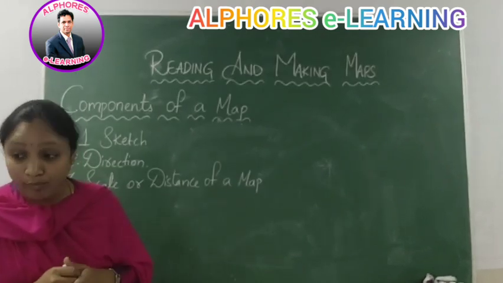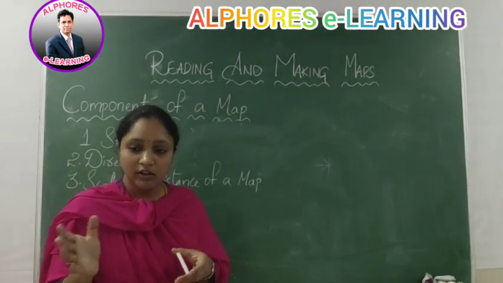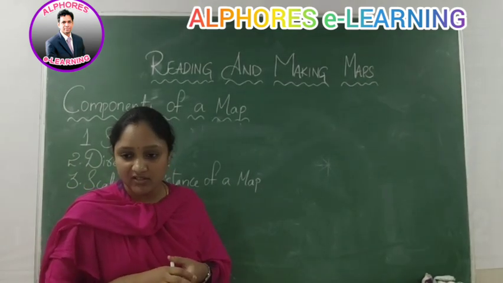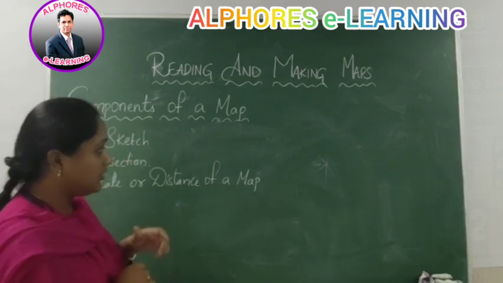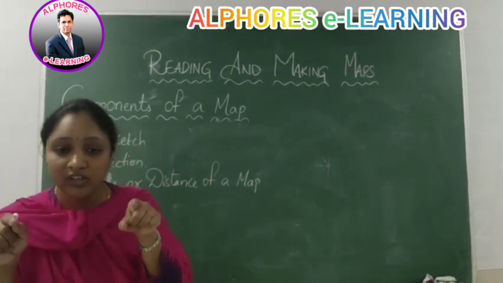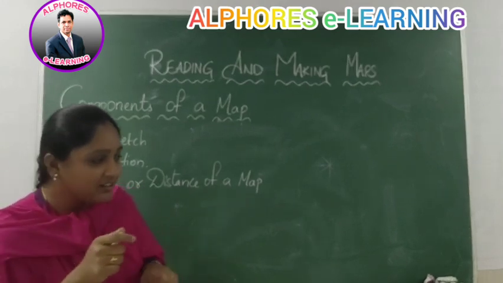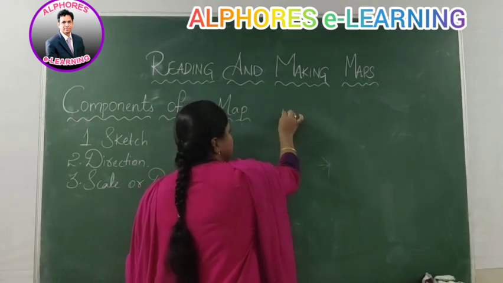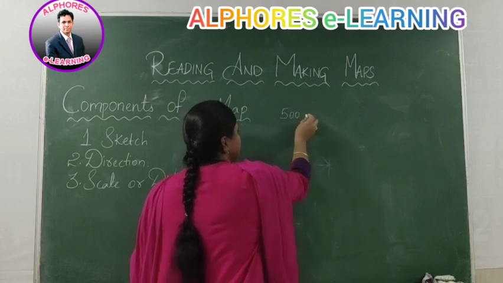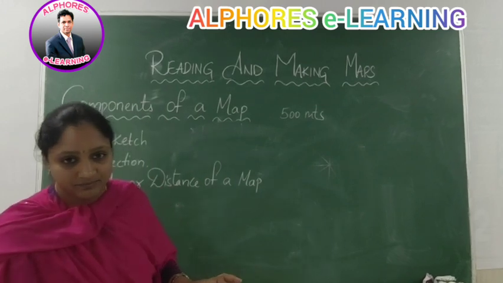But there is a bridge near to his town, near to his area. So along with his parents, he went near the bridge. For that bridge, they made a map to know about the description of the bridge. In that map, it is mentioned that this bridge has a length of 500 meters.